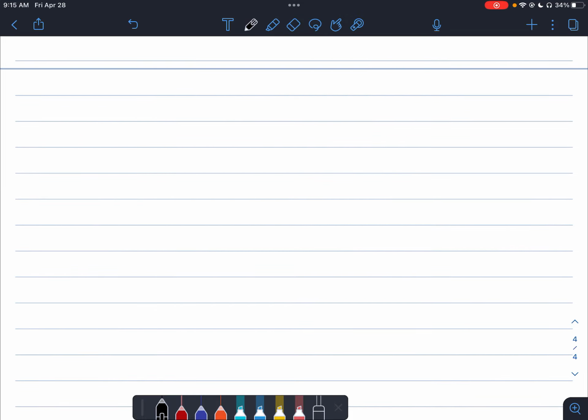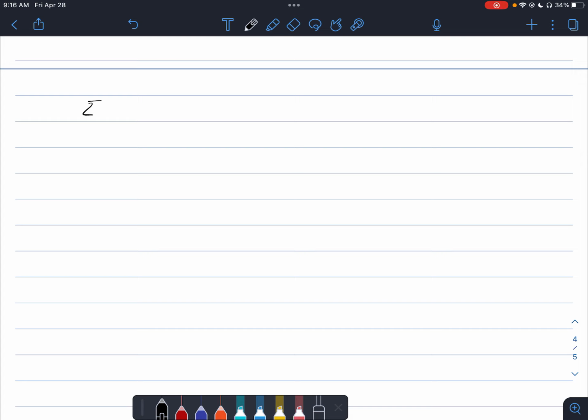I do want to make you aware of a different type of notation as well, really quickly. You might see this on your homework. It's something we call sigma notation. This funny looking shape is the Greek letter sigma, and it stands for sum.